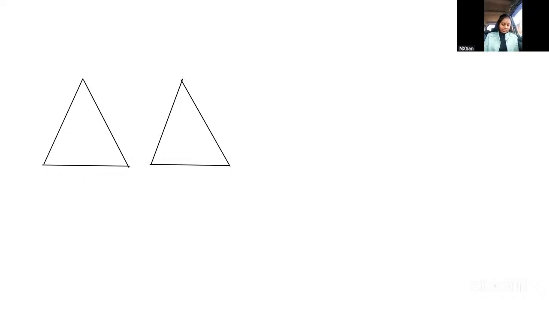For example, I will name them triangle ABC and PQR. Now, look at the twist. First, I will mark the side. If I'm marking this side BC 5 centimeter, and QR is also 5 centimeter.